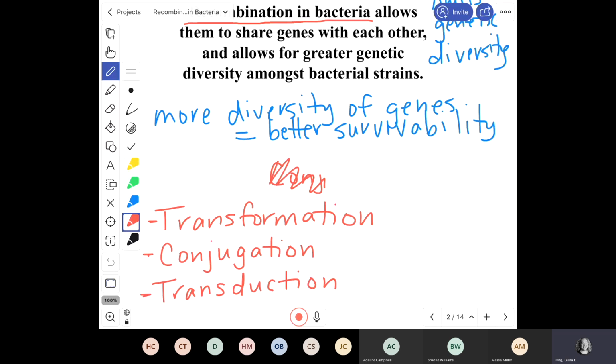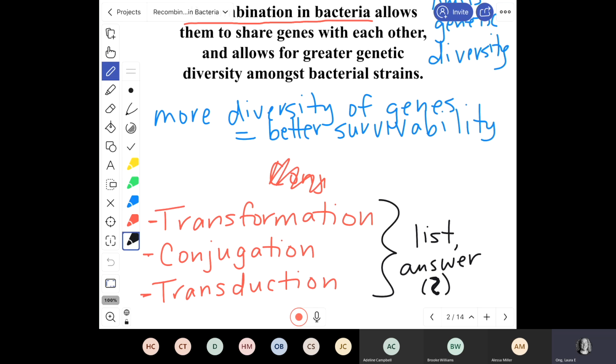One of the things that you will have on Friday's exam is for you to list these, like list the three mechanisms of bacterial recombination, and then that becomes your word bank so that you can answer questions. It's supposed to be a question mark.